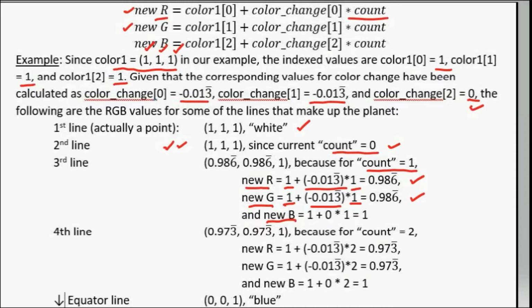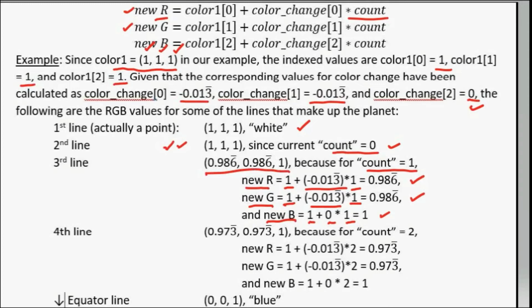So look at this. 1 here, I'm underlining it, is the third index item per color 1. And then 0 is the third index item per color change. We multiply that by 1. The answer is still 1. So look, for the third line, this is not pure white, but it is very close to white. Let's go to the fourth line here.